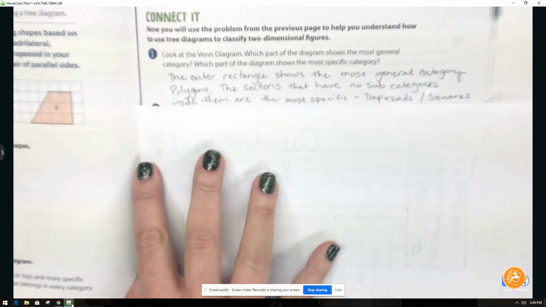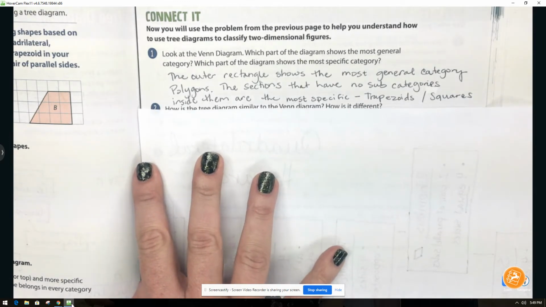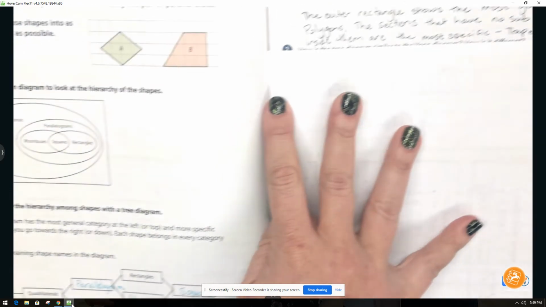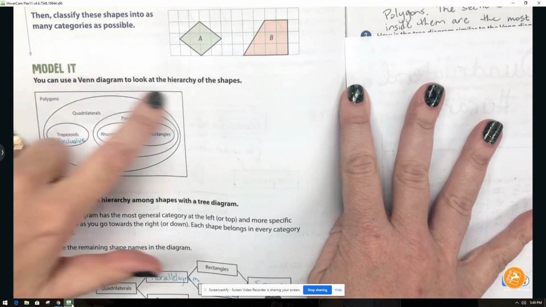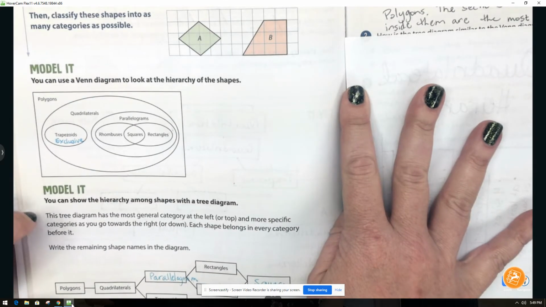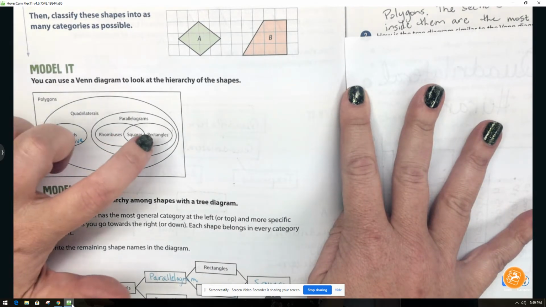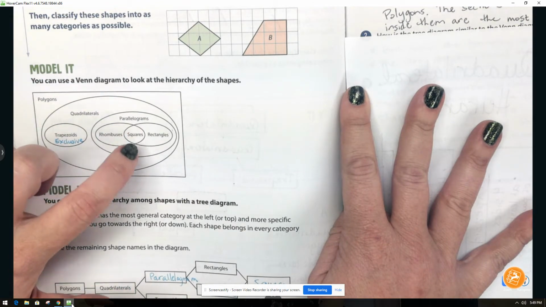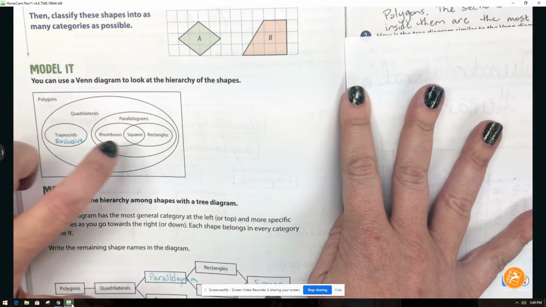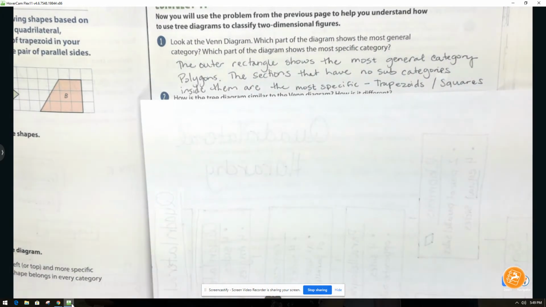The sections that have no subcategories inside them are the most specific, which would be the trapezoids and the squares. So if we look over here, the most general is polygons because they are the biggest shape. And then the most specific are the ones that are by themselves and have nothing else inside of them. So trapezoids and squares are the most specific.